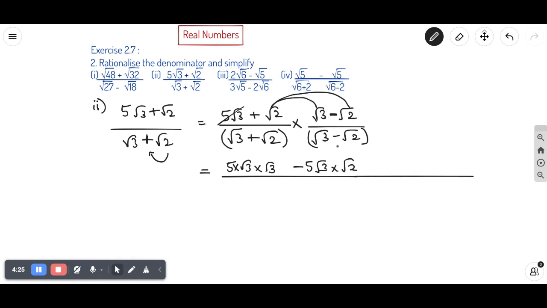So your next extended step will be plus, because here it is plus and here it is plus. So root 2 into root 3 and the minus of root 2 into root 2. Okay. So did you understand this? First multiply this with these two terms, then multiply this with these two terms.